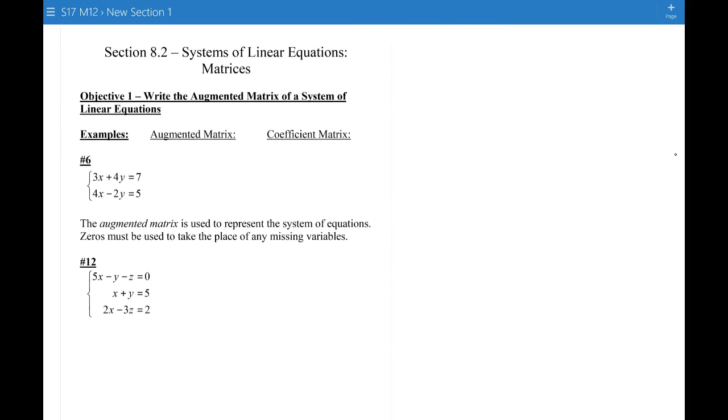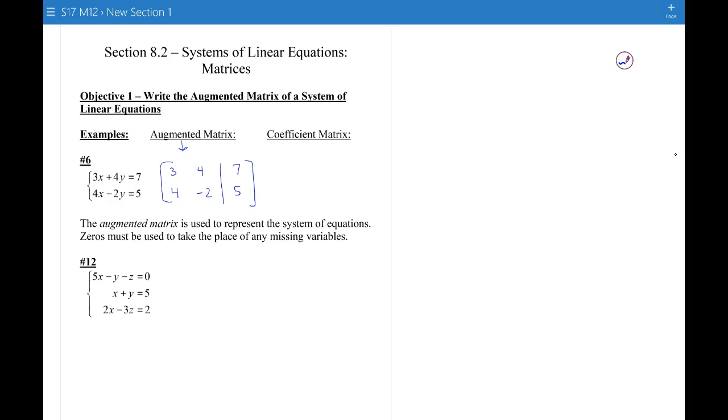So this makes a way that's much more efficient for computers. We write the augmented matrix, which just has coefficients with spaces in between them, and then a vertical line, and then the constants. So we have the 4 and the -2, the coefficients, the vertical line, and the constants. So this is called the augmented matrix.